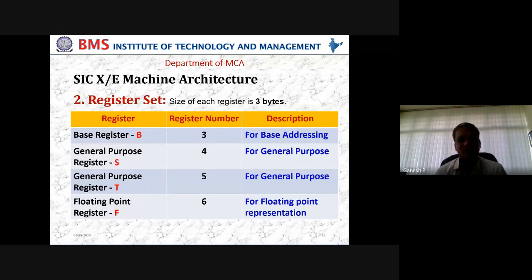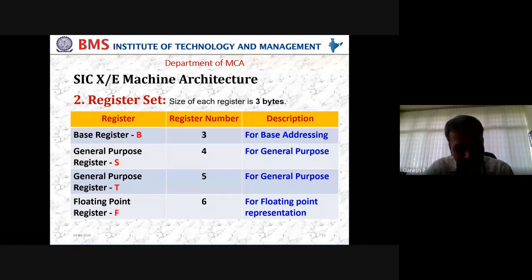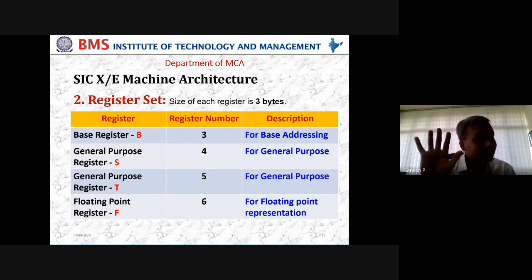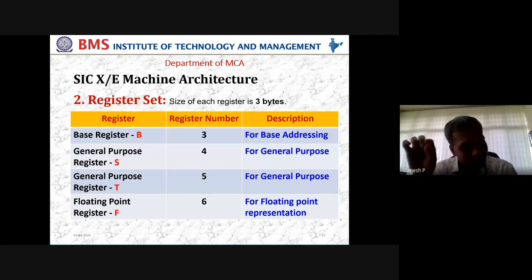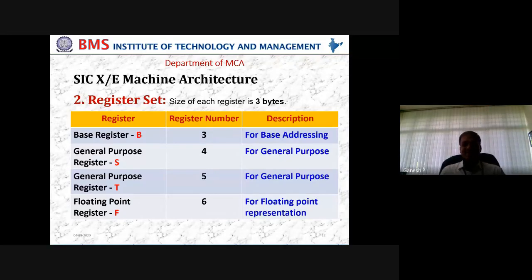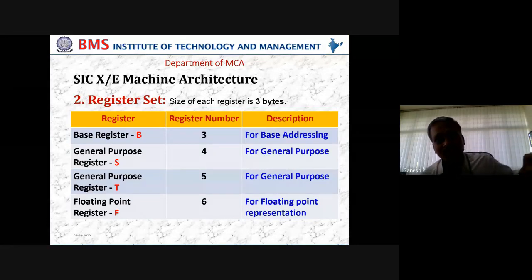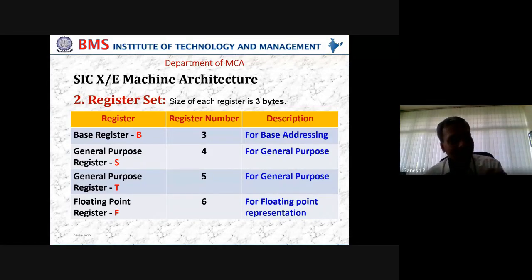How do you compare now? SIC has 5 registers, whereas SIC XE has how many? 9, 5 plus 4. Very good. There are 9 registers in SIC XE. Tomorrow when somebody asks you to explain the registers of SIC XE, you should write about those 5: A, X, L, PC, SW.